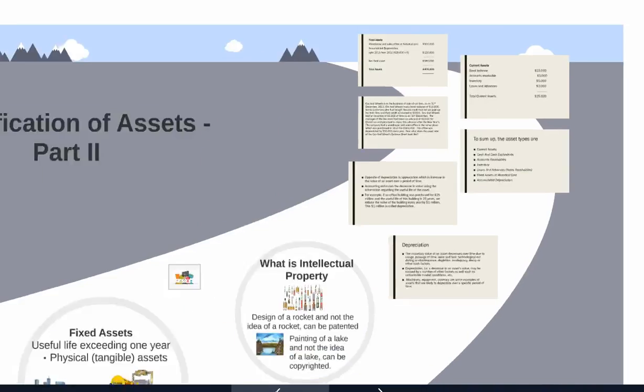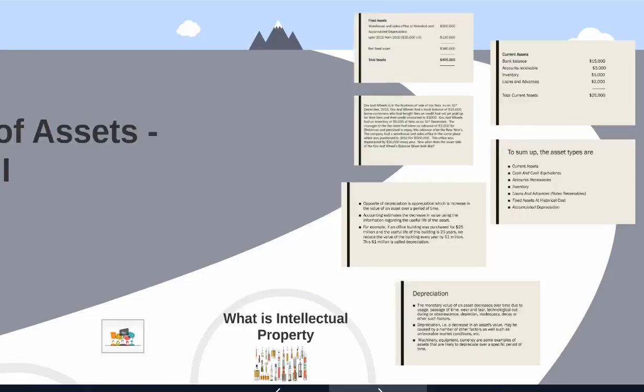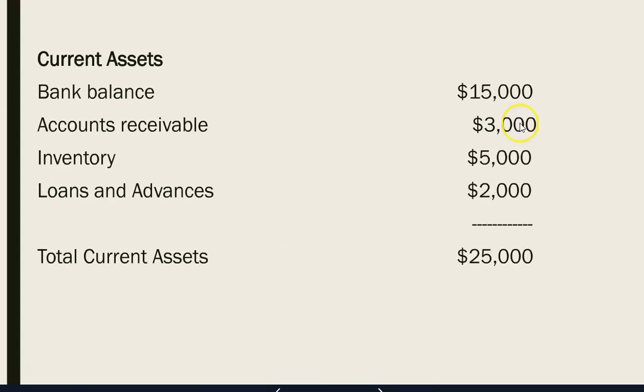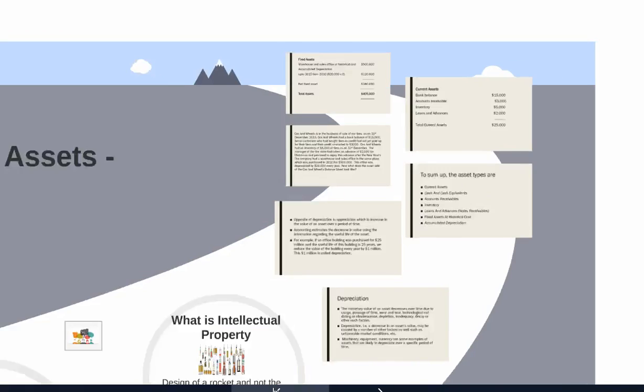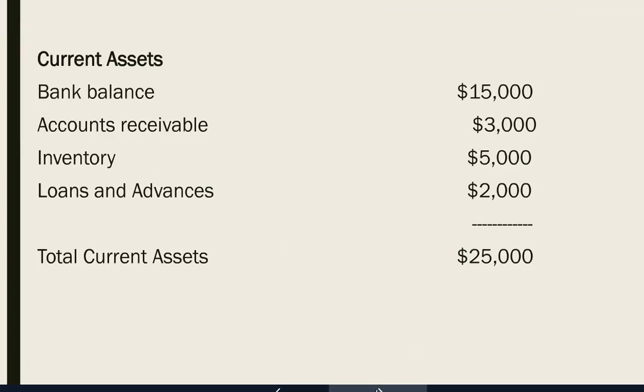If you go back, you can see Cox and Wheels had a bank balance of $15,000. So you can see that 15,000 here under current assets. Then it had some customers who had bought tires on credit for $3,000. You can see those $3,000 as accounts receivables here.